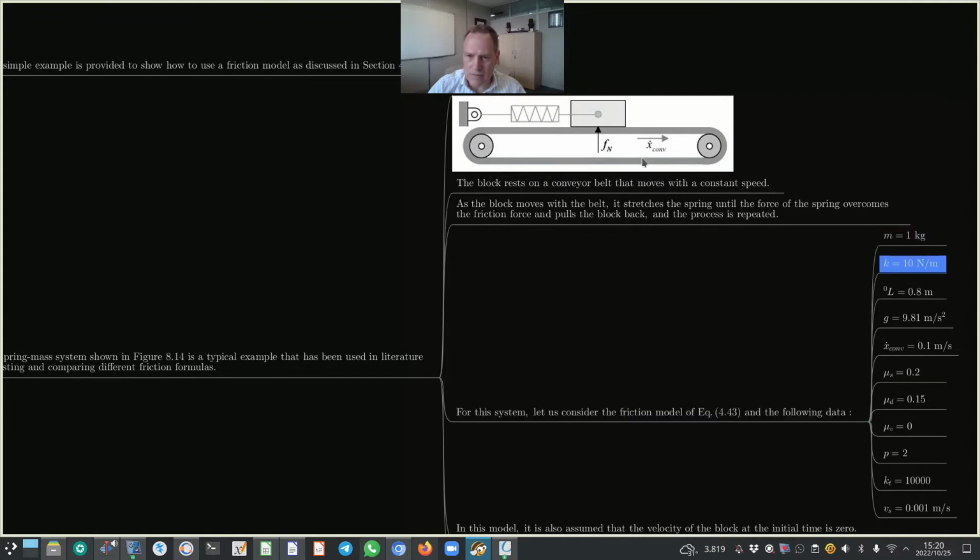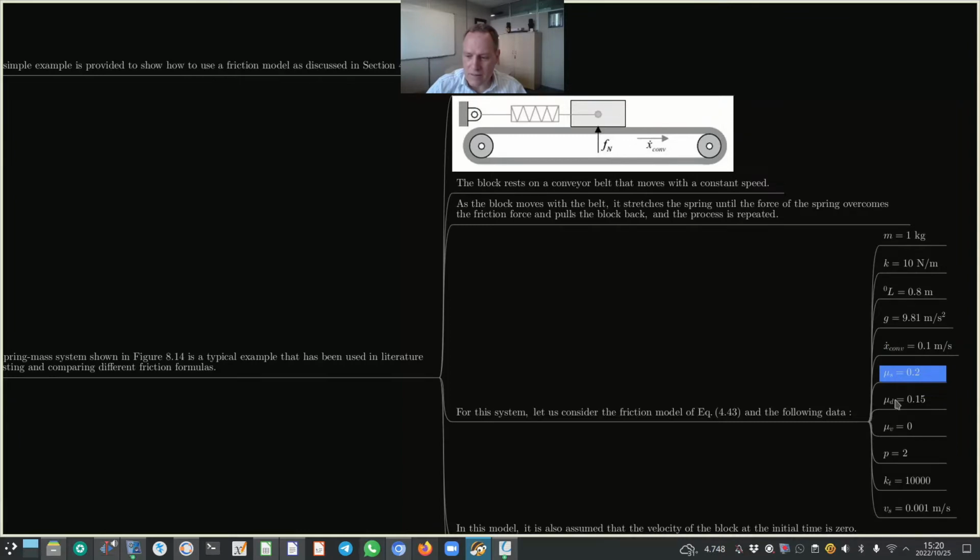The spring stiffness is 10 Newton per meter. The initial length, or the undeformed length of the spring, is 0.8 meter. Gravitational acceleration 9.81 meters per second squared. The speed of the conveyor, x dot conveyor, is 0.1 meters per second.